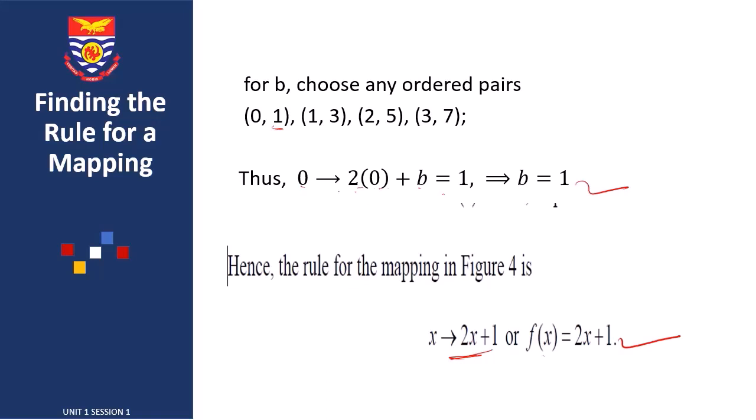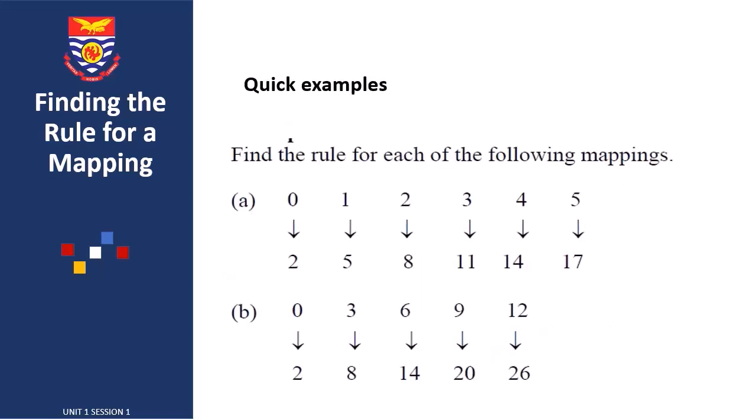That's very interesting. Now check it out. Find a rule for the following mapping. You use the same procedure: find the difference between the constant terms of the domain, and then the difference between the constant terms of the codomain, so that is a. You get a equal to 3, then put the 3 into the function, so x maps to 3x plus b.